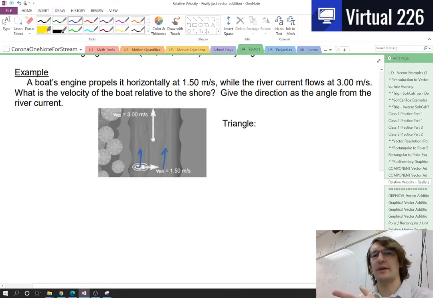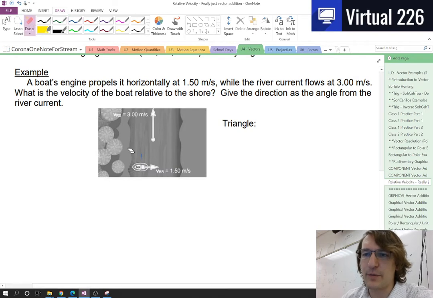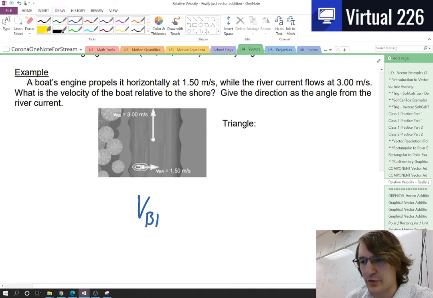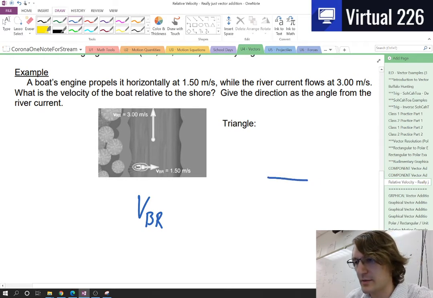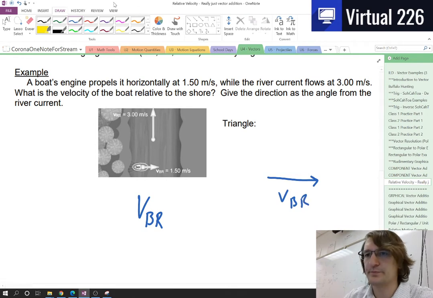So since everything's moving with it, the boat's just with respect to the river at 1.5. So I like to think of it, though, as if we put this boat on a glassy lake with nothing going on, the boat's velocity with respect to the river is 1.5 meters per second. Okay? And let's just put this like this. Whoop. That's the V, boat, river.